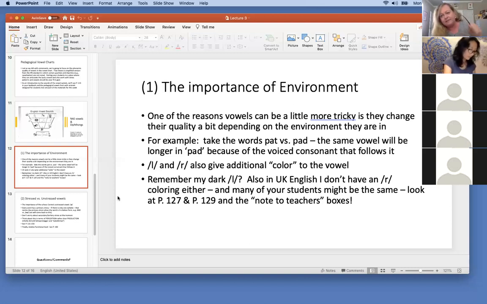So if you listen to me, I say "fire" and "hour," but you guys say "fire" and "hour" or something similar, okay? So you're going to try and work with any learners like that to try and increase that R color sound if they're going to be spending 99% of their time in American English with American listeners.